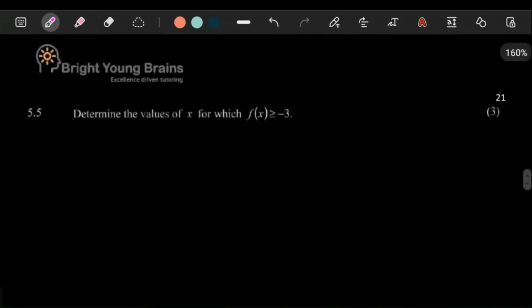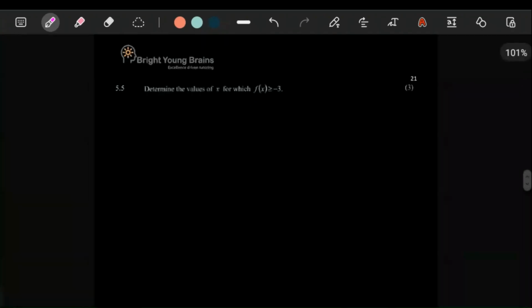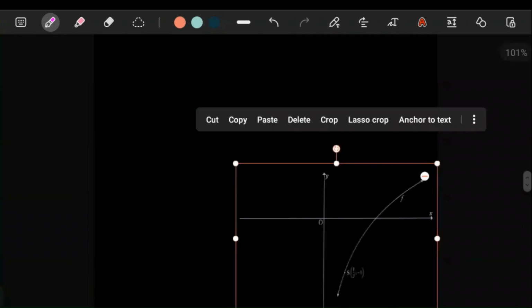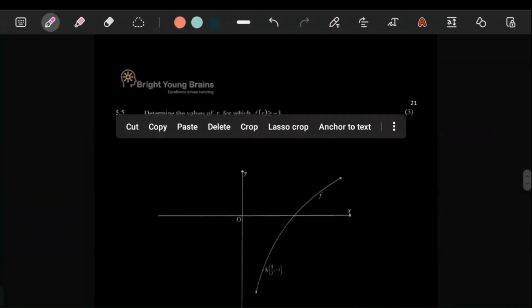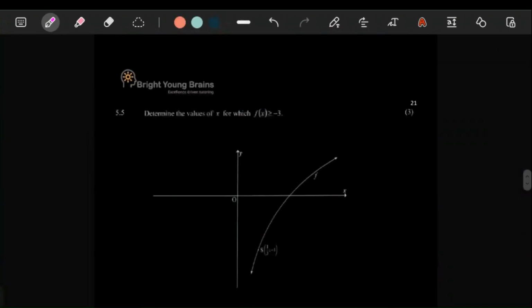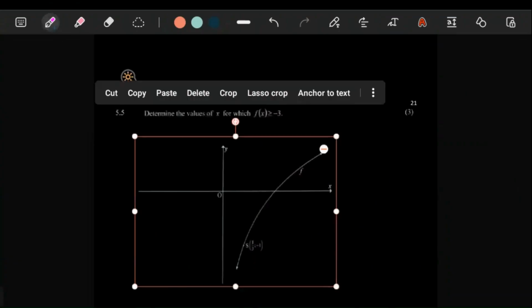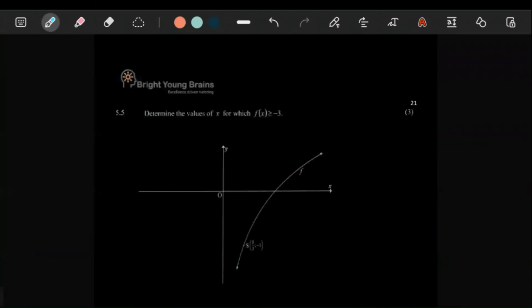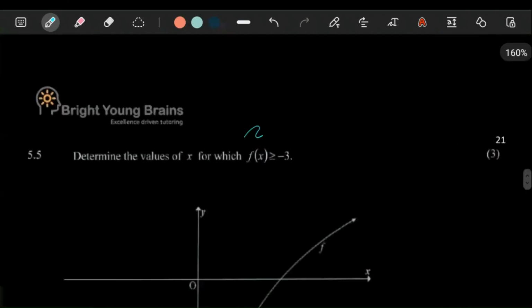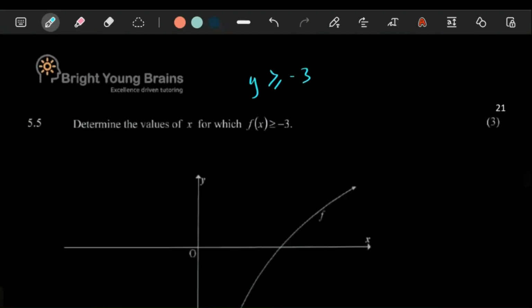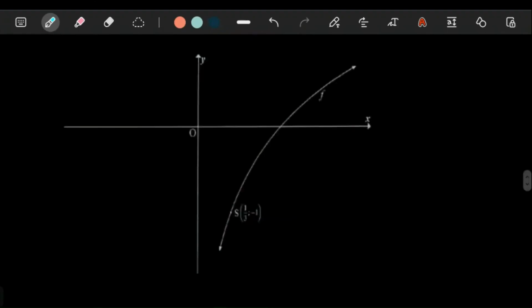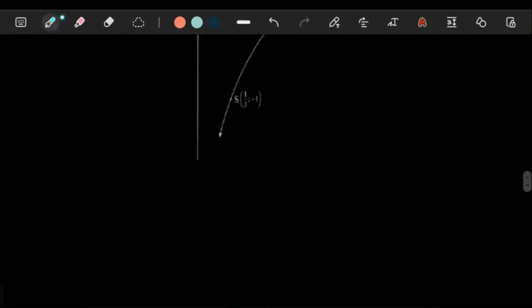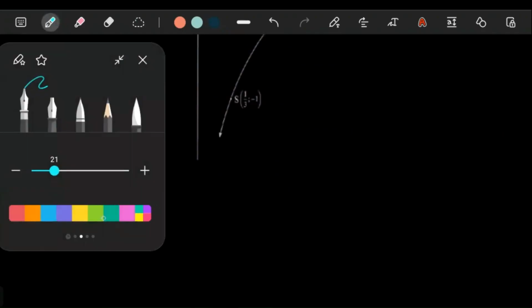5.5 says, determine the values of x for which the graph of f of x is bigger or equal to -3. So this one we can actually look at it visually also, we can just get an idea of what's going on. So this is asking us where are the y values of this graph bigger or equal to -3. So you would firstly need to identify where the graph is equal to -3.